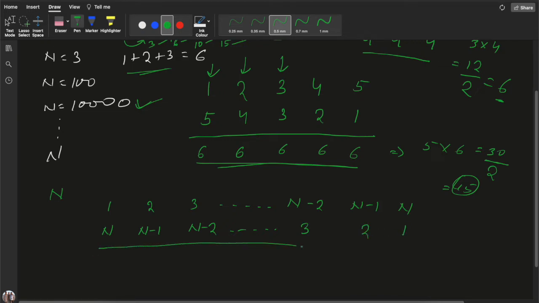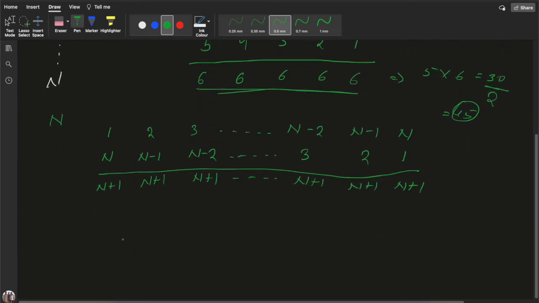Let me sum it up. It will become n plus 1. This one is also n plus 1, n minus 2 plus 3 is n plus 1, and n minus 1 plus 2 is n plus 1. So it will be n plus 1, n plus 1, n plus 1.